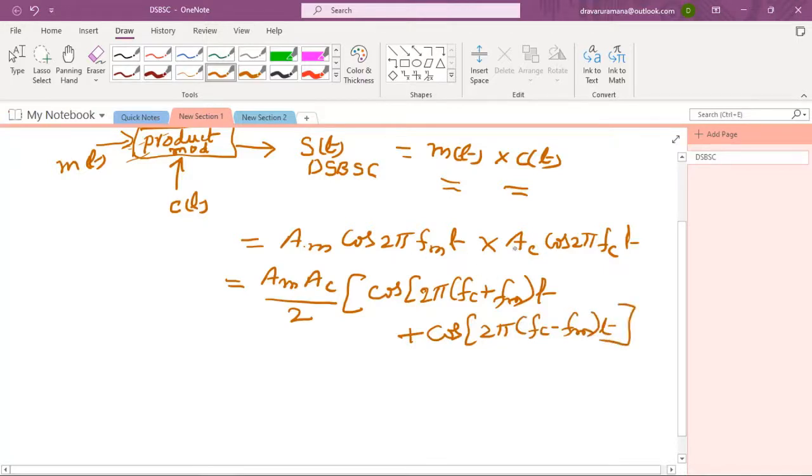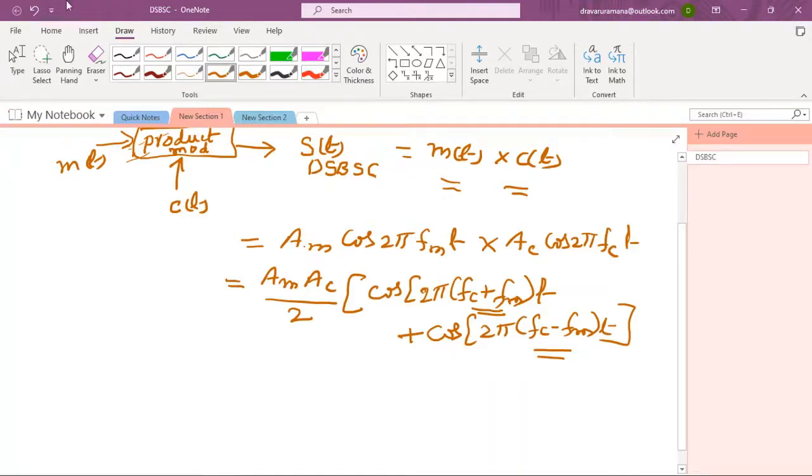So cos A cos B is 1 by 2 into cos sum plus cos difference. So there are two sidebands. One is the upper sideband fc plus fm and the second one is the lower sideband fc minus fm. So the DSBSC signal is obtained by multiplying message signal with the carrier signal.